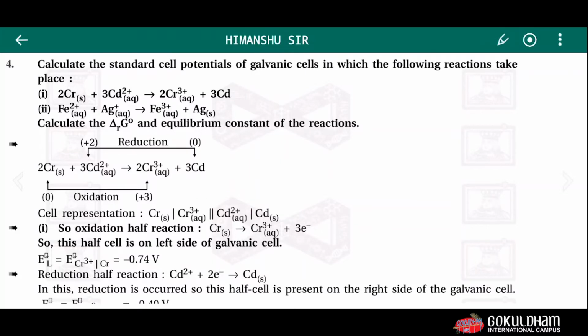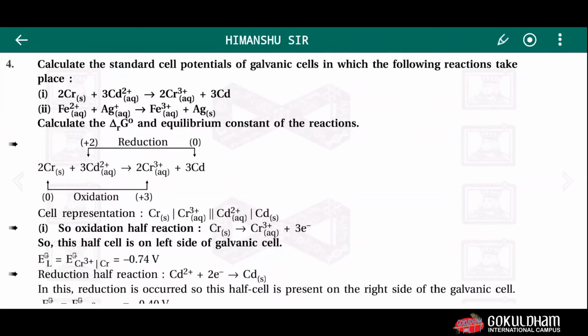We are going to discuss only this reaction here, and the second reaction, Fe2+ plus Ag+ gives Fe3+ plus Ag, you can try at home and tell me the answer. Calculate the delta rG0 and the equilibrium constant of the reaction.